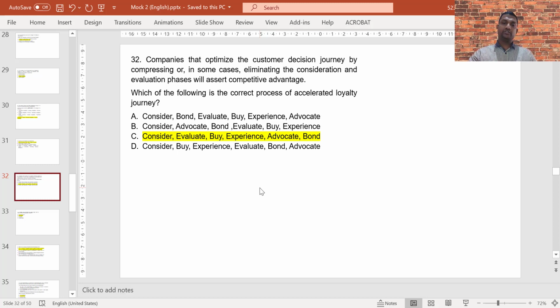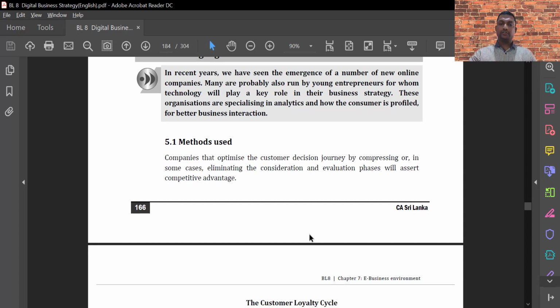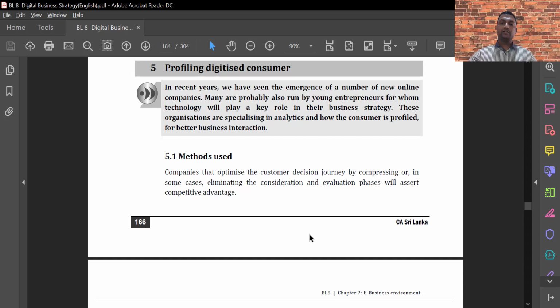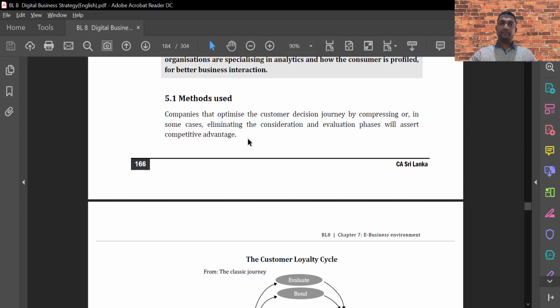So this question is about how digital customers are profiled. Now I'm in the 7th chapter in the study guide, where how digital customers are profiled and the customer loyalty cycle is being understood, right?